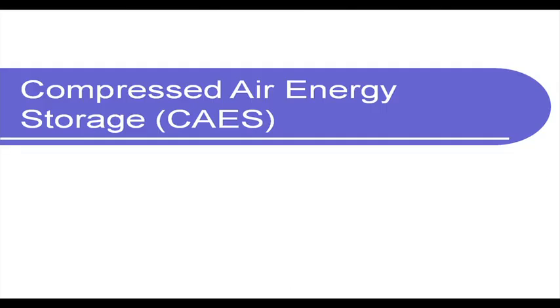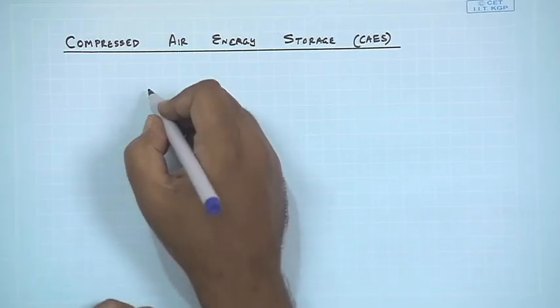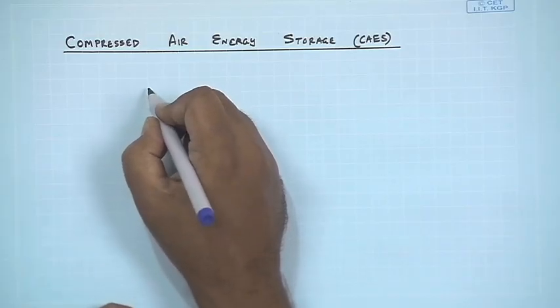So, what is it? Let us look at compressed air energy storage, or maybe I should first give you a background of, probably all of you know, but it does not harm to recap, gas turbines.